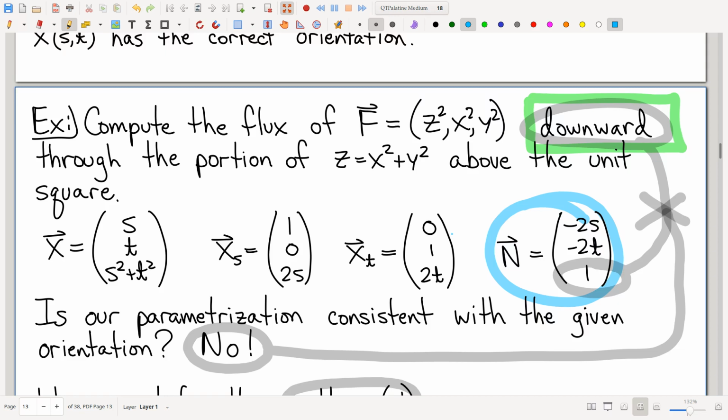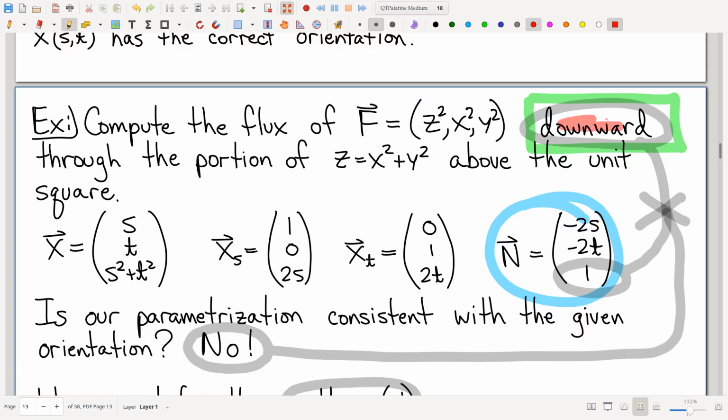You have to pause at this point in the calculation, and you have to ask yourself, wait a minute, when I wrote down this parameterization here, did I parameterize it the right way or the wrong way? And how do I tell here? The way you're going to tell is think about what the orientation says here.